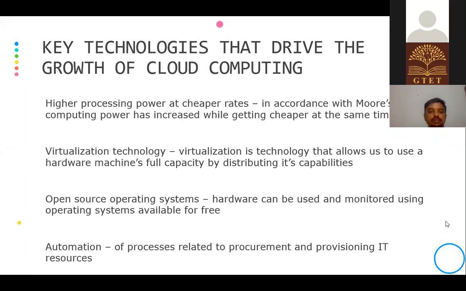So the impact of this is that automation and virtual technology play into the key feature of rapid elasticity that makes cloud computing extremely appealing, right?